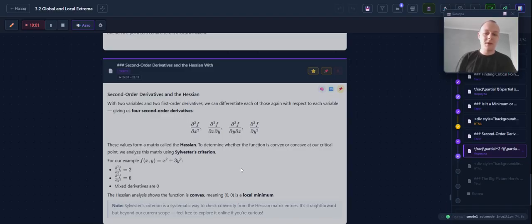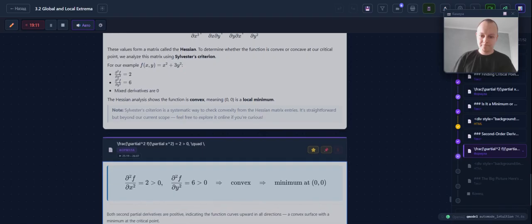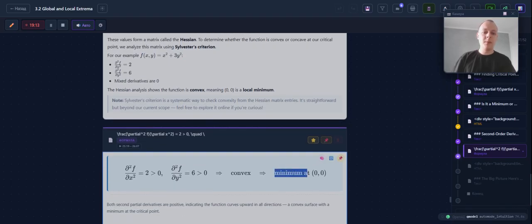It is enough for me right now to see that this function is convex, concave up, with a minimum at 0 and 0.